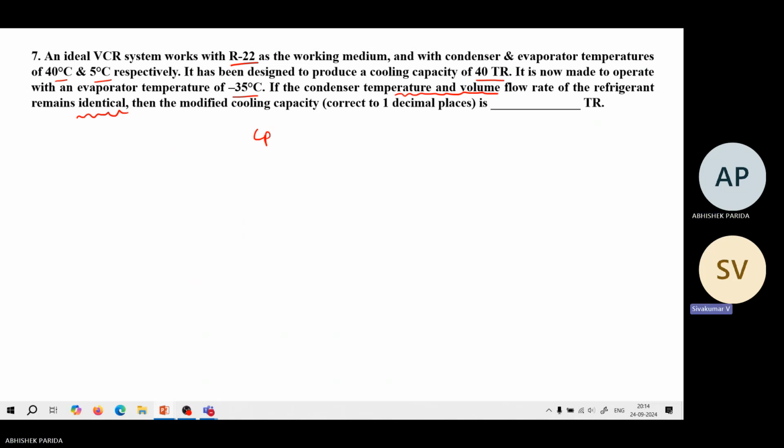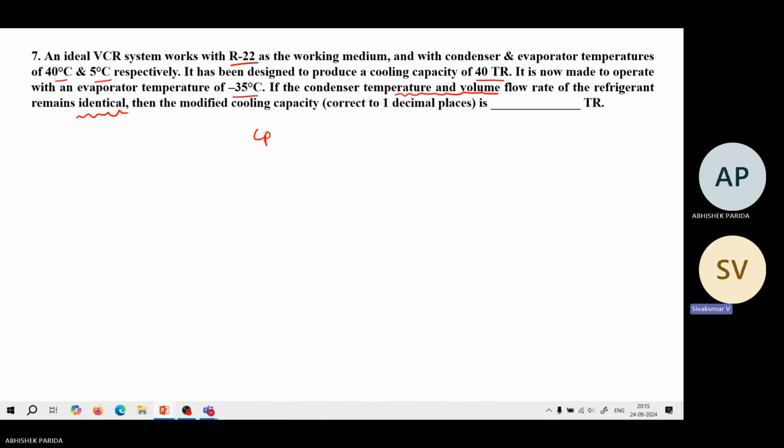Actually, sir, here the volume flow rate of the refrigerant remains identical, in the sense volume flow rate is equal to mass flow rate into specific volume. So here volume flow rate is kept constant. I have not solved this problem, but I am thinking the same capacity will take place, because COP will decrease as the evaporator temperature is minus 35 degrees Celsius.